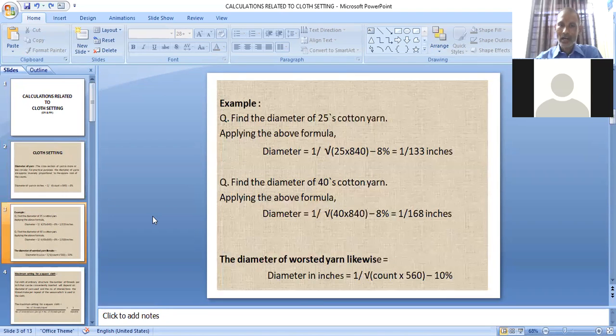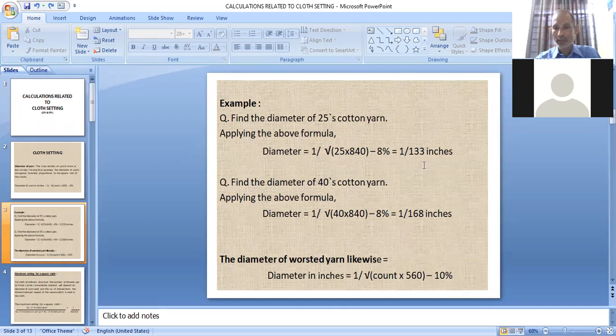To understand it, I have taken 2 examples. Find the yarn diameter of 25s cotton yarn. 25s cotton yarn means, when we are using this symbol, it is given in the English cotton count system. So applying the above formula, diameter will be equal to 1 upon root 25 into 840 minus 8% of this. So it will come to 1 upon 133.